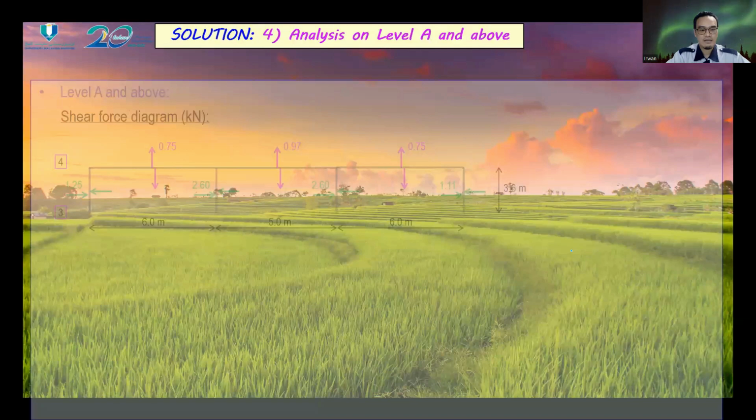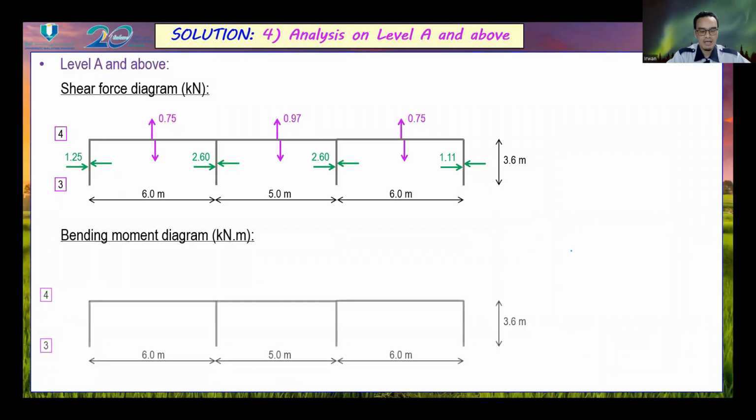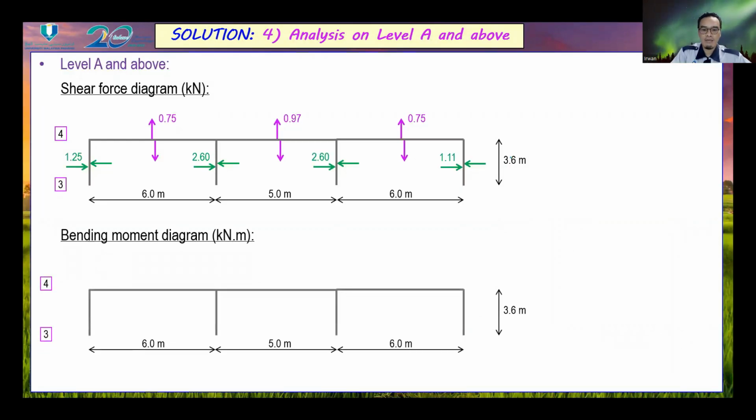Next, this is the bending moment diagram. From the shear force diagram, we can calculate the bending moment diagram. Let's say for the beam, this is the value. How I obtained the value of 2.25 is from this shear force and the distance.